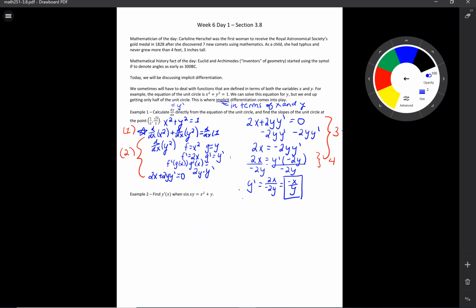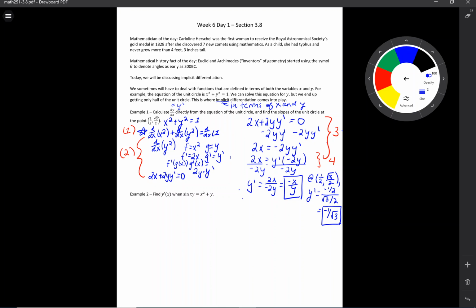Here I do have a point that I want to find the derivative at. I want to find the derivative at 1/2, square root of 3 over 2. So if I plug in the point 1/2, square root of 3 over 2, I get y prime equals negative x, whoops, that is negative 1/2 over square root of 3 over 2, which is equal to negative 1 over square root of 3.